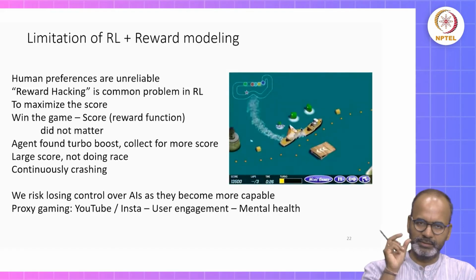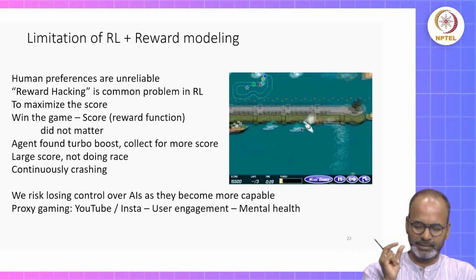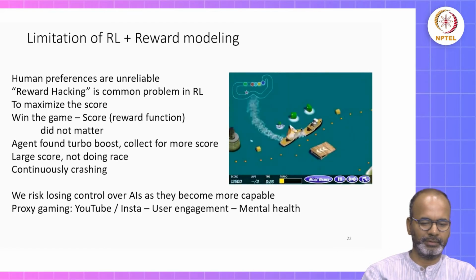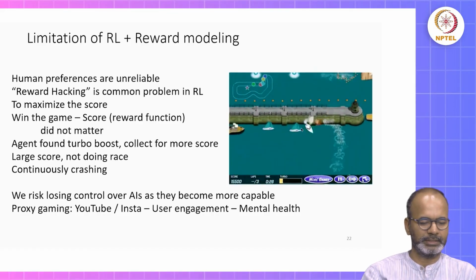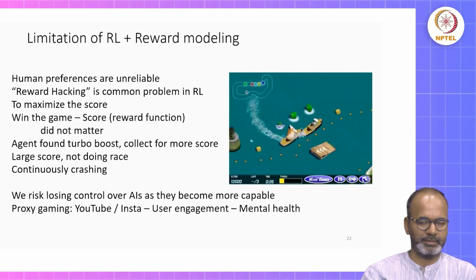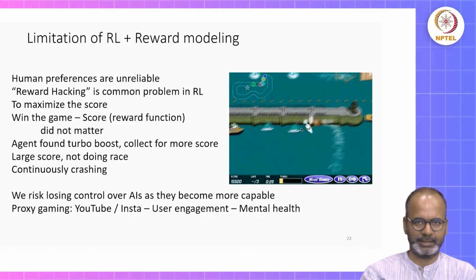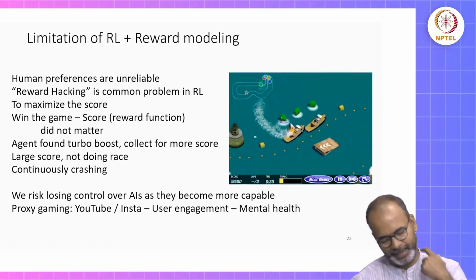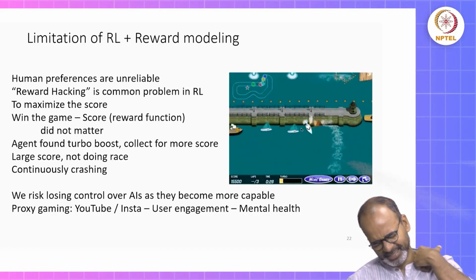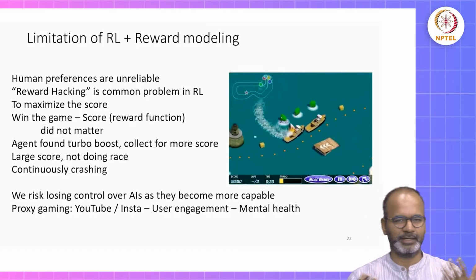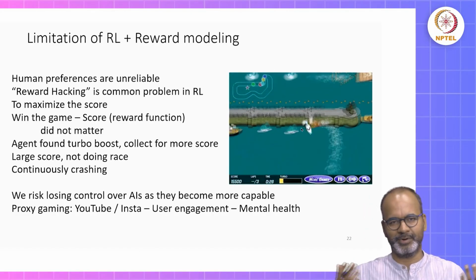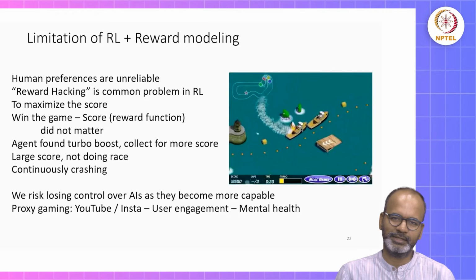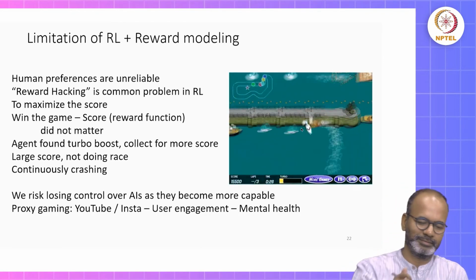So let's look at this reward itself. Let's spend some time on the reward part, which is that human preferences are unreliable because, as I said, faculty giving marks, even parents thinking about what is good and what is bad, at some point in time we change our views, right? They're unreliable.